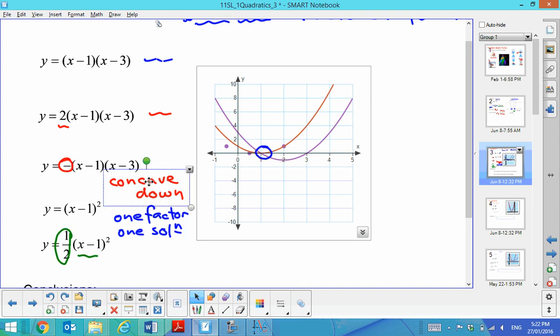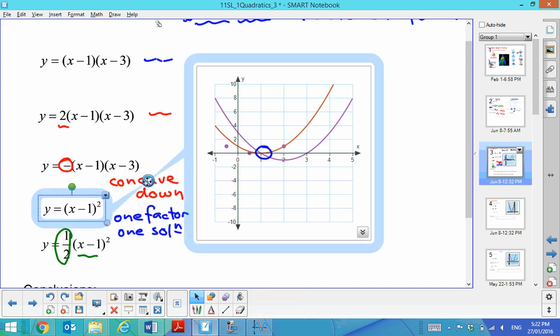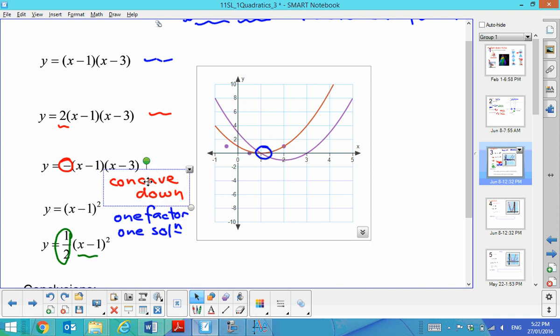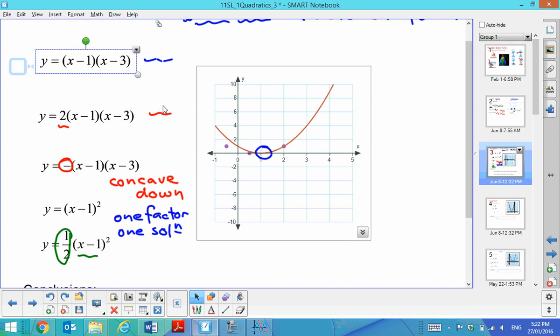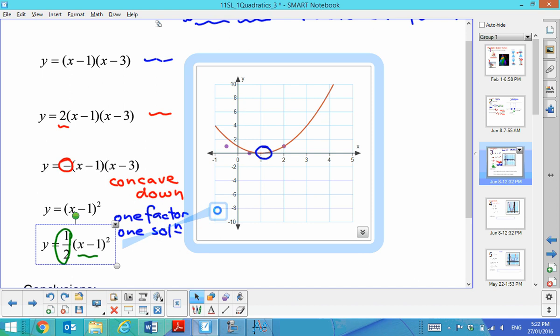So I'll take this one away. It's not wanting to do that. Let's take this one off. And connect this one. So here we go. We're at the same story. We get one solution with one factor.